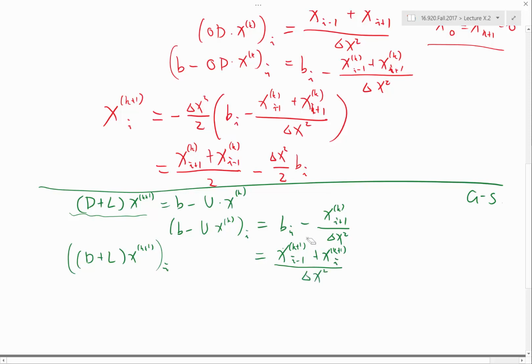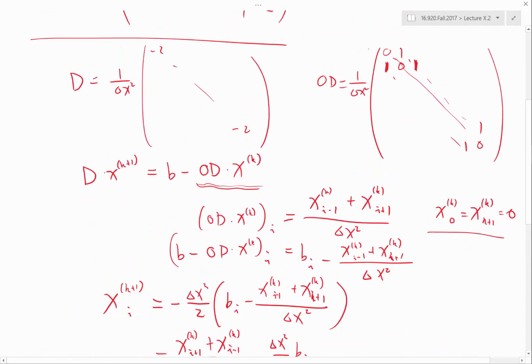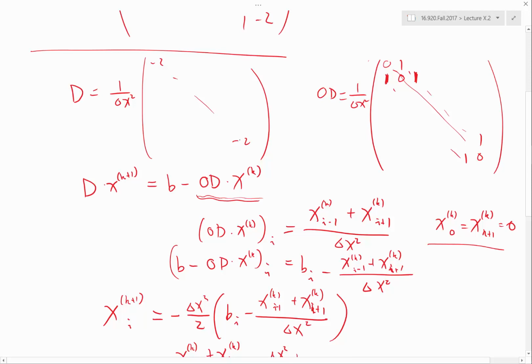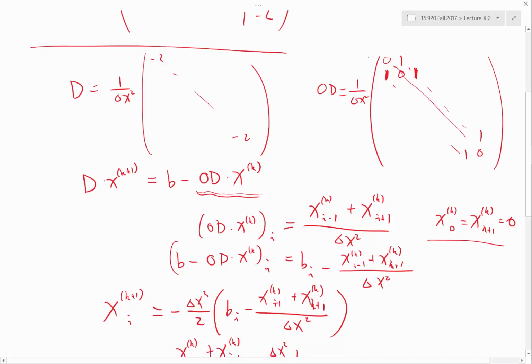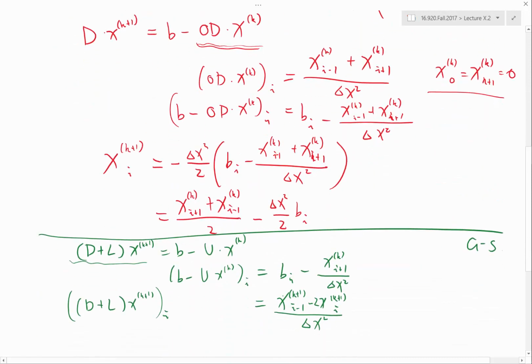Oh wait, the I has a minus 2 in it, right? So the diagonal has a minus 2 and the lower diagonal part. Right?